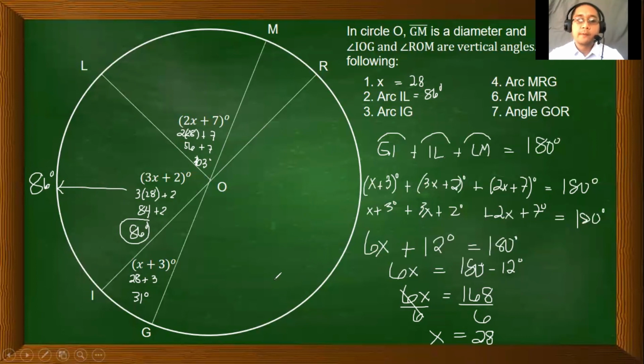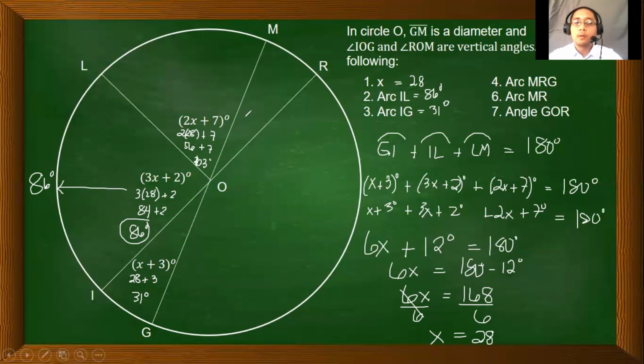Now, how about arc IG? Still, we have the value of x. We already substituted the value of x, and the result is 31. Applying the central angle theorem, the intercepted arc is equivalent to the central angle. So therefore, the value of arc IG is 31.